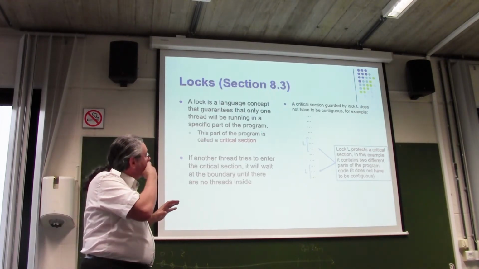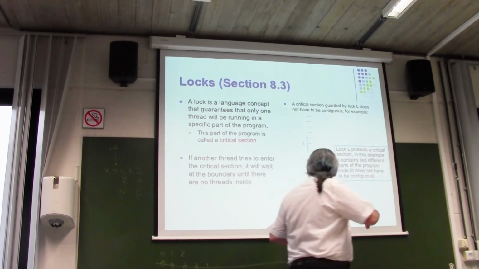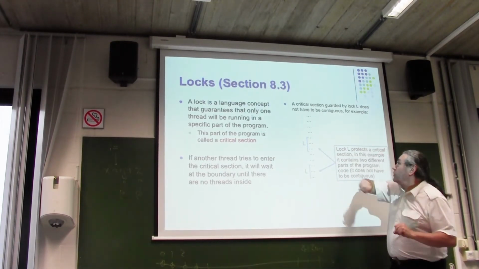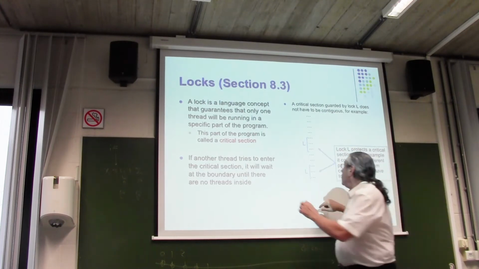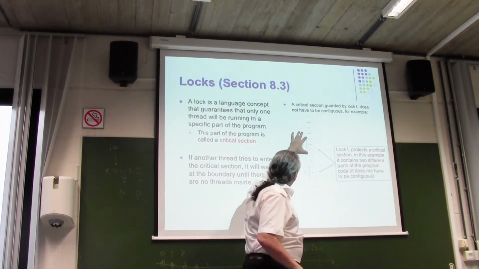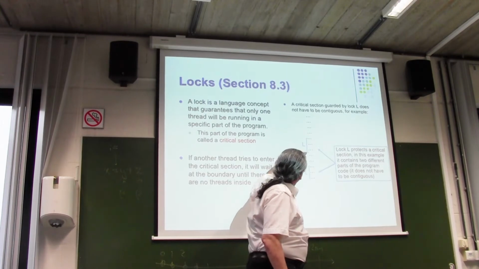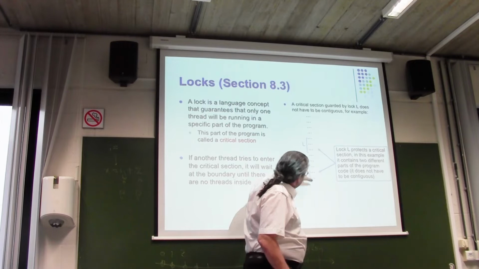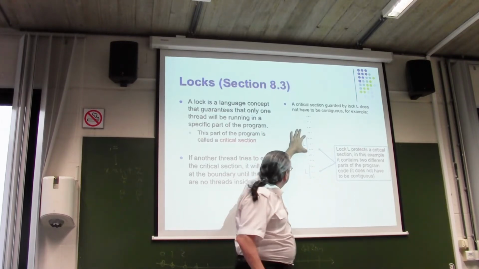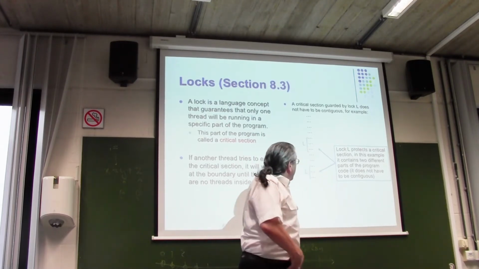Okay? So here's an example that's something that people sometimes don't understand. So this is a code, let's say it's a bunch of lines of code, and here's a piece of code protected by a lock. Lock L. But actually lock L protects more than just this. It protects both of these pieces. They don't have to be together.